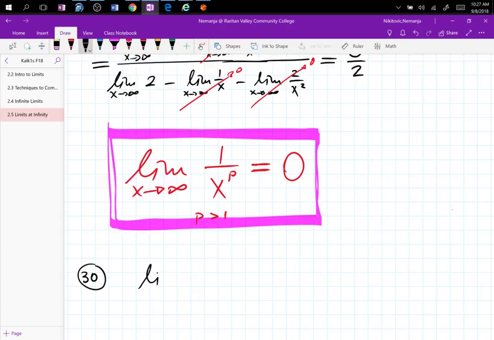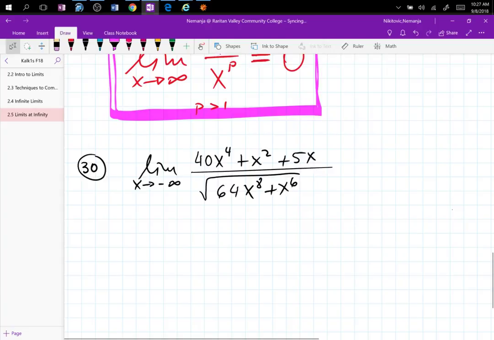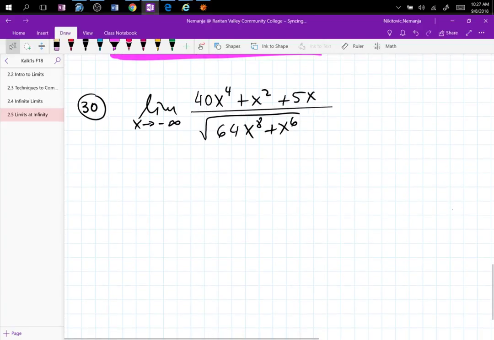It says, limit x goes to negative infinity, and then we have 40x to the 4 plus x squared plus 5x divided by the square root of 64x to the 8 plus x to the 6. This is a trick question.